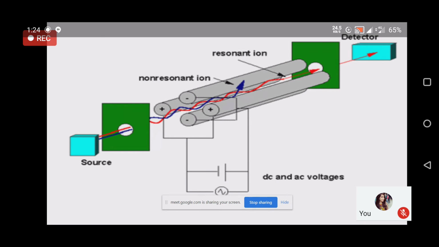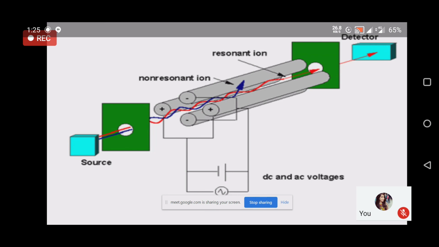Those are the relevant details as to how it functions. That's why I said the quadrupole mass analyzer is significant if I am concentrating only on one m/z value. In that case, this becomes very useful because I don't have to change the settings, since I'm interested in only one m/z. And for that m/z, I can adjust the setting once so that it goes undeflected through the channel and is able to reach the collector electrode.